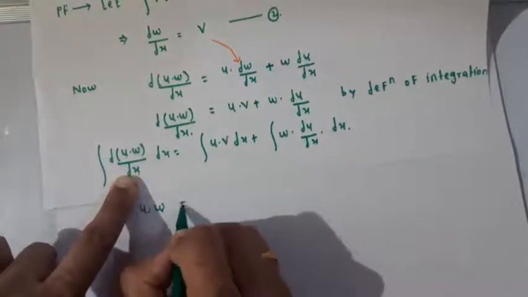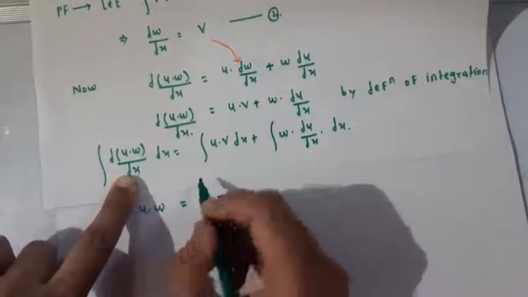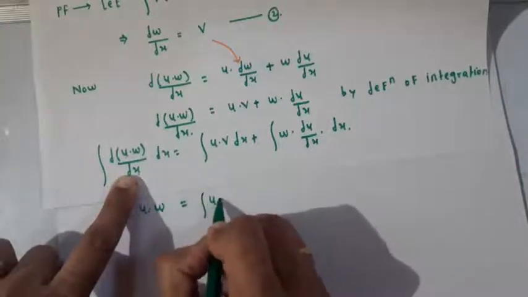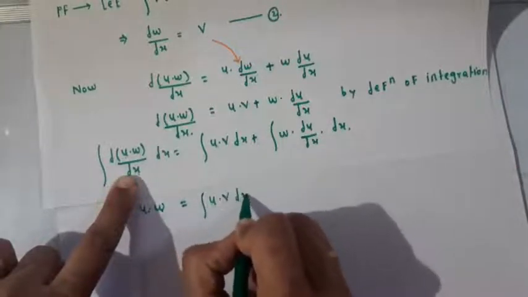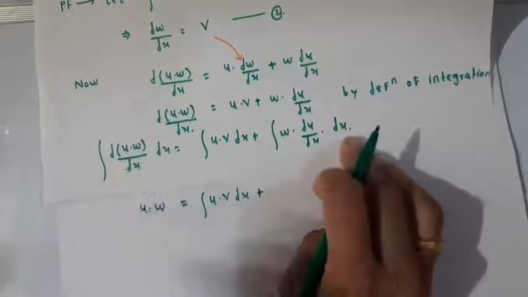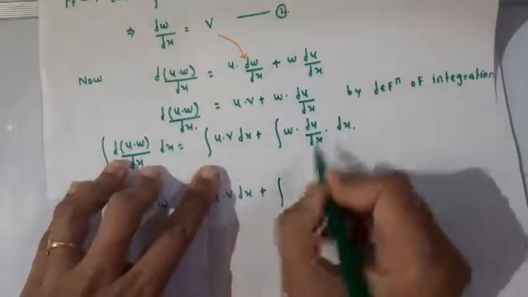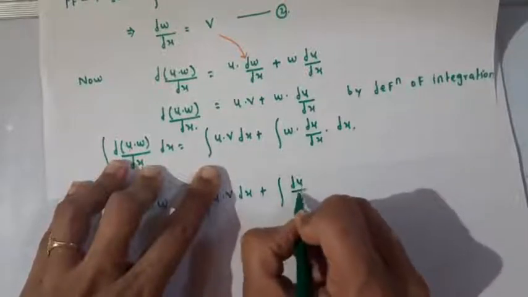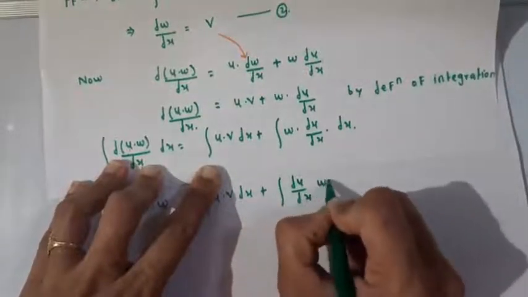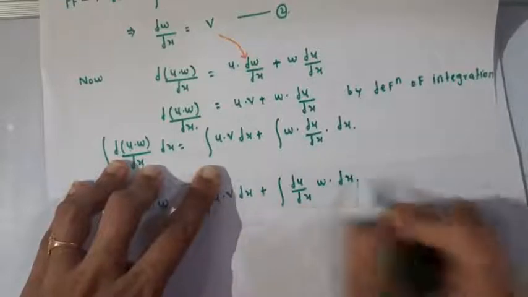And this is equal to the integration of u into v with respect to x plus the integration of w into du by dx with respect to x.